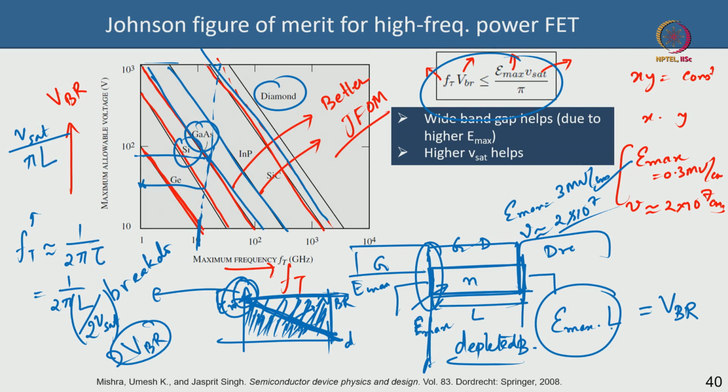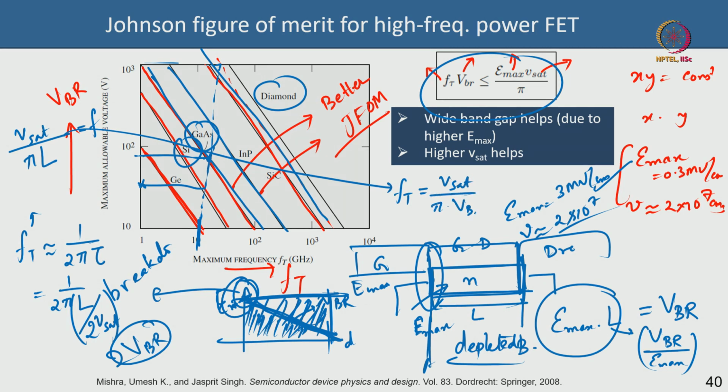Now, L you can see from here is nothing but the breakdown voltage divided by the critical electric field, correct. So, if I put that as L here, then Ft will be equal to Vsat divided by pi times Vbr divided by Emax.